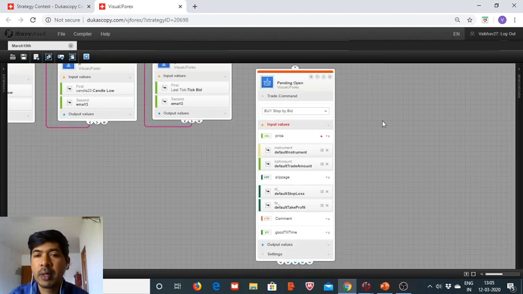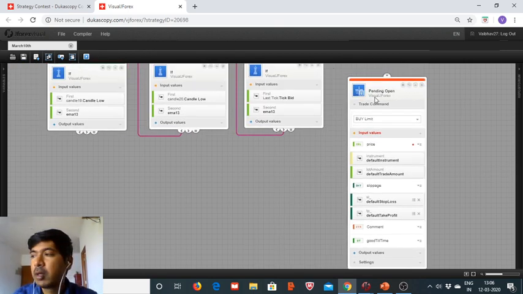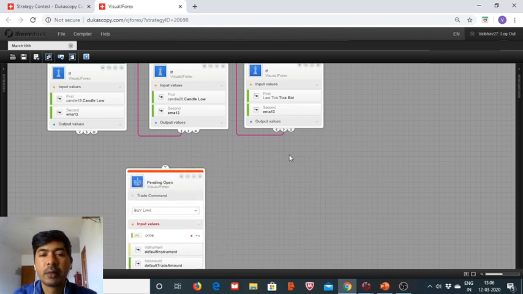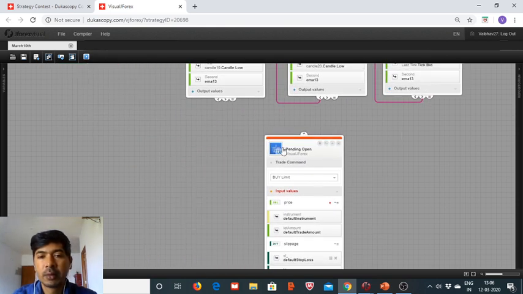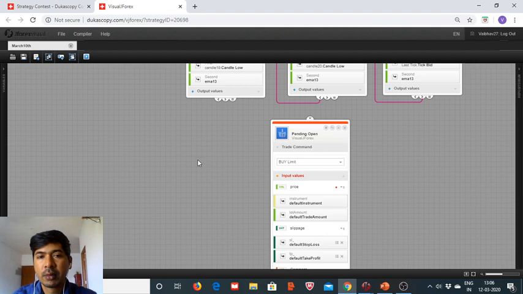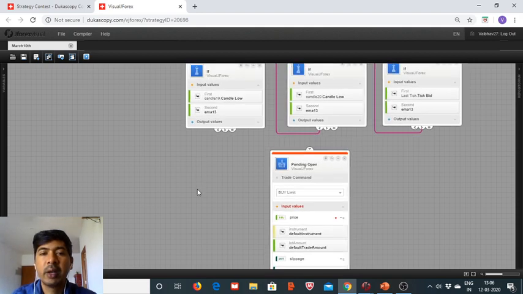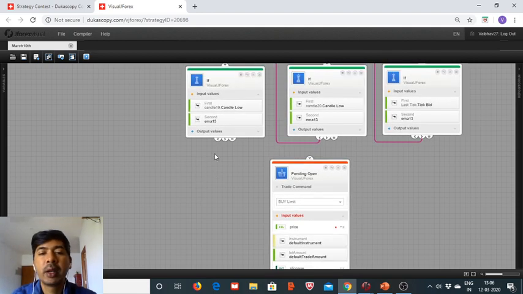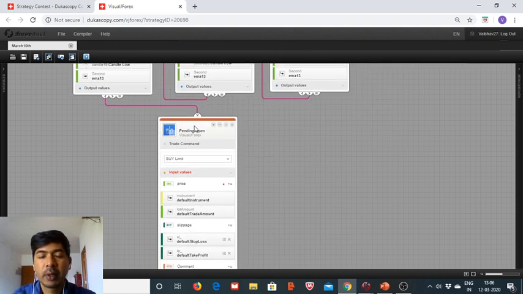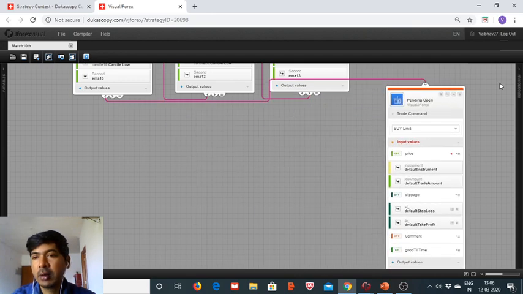The order will be a limit order, buy limit, and the price for the buy limit is going to be as we have defined it. We wanted the candle low to be less than EMA 10, so we put it here and we go back again.